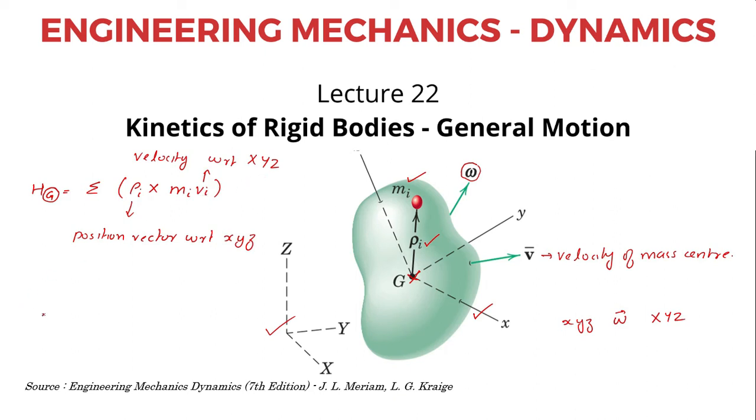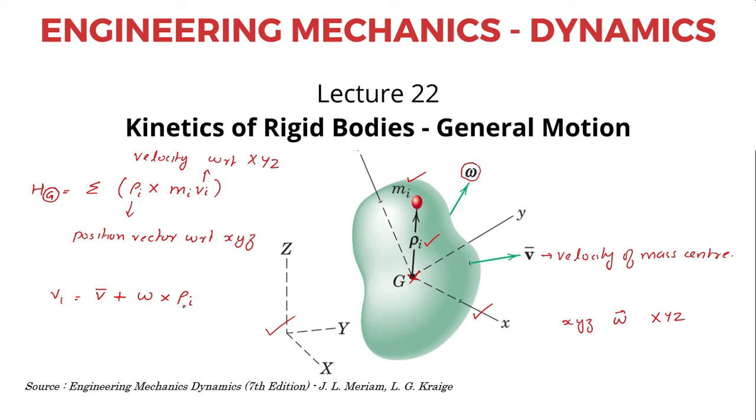So in that case I can express vi is equal to v bar plus omega cross rho i. This corresponding relation is valid; we had already studied this. Here v bar is the velocity of the mass center, omega is the angular velocity of the secondary reference frame or the rigid body, and rho i is the position vector.